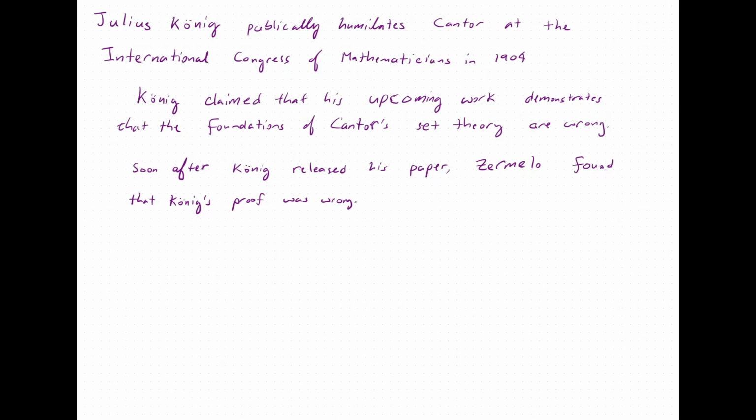And you may recognize the name, as Zermelo is one of the founders of the axiomatic system upon which mathematics today is based. Zermelo demonstrated that Koenig's proof that claimed that Cantor's work was wrong was also wrong, therefore validating Cantor's argument. And while Zermelo did find the error in Koenig's proof, the damage was done.